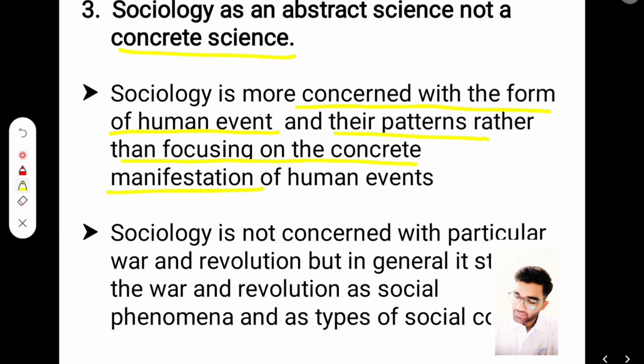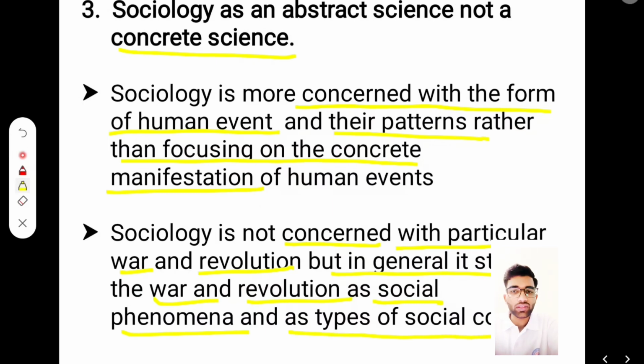Sociology is not concerned with a particular war or revolution, but in general it studies war and revolution as social phenomena. As we see nowadays, the war happening between Israel and Gaza, we learn it as a social phenomenon and a type of social conflict between two countries.